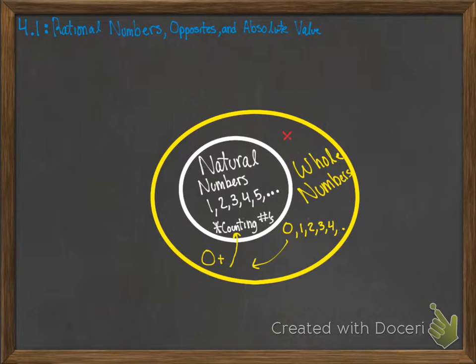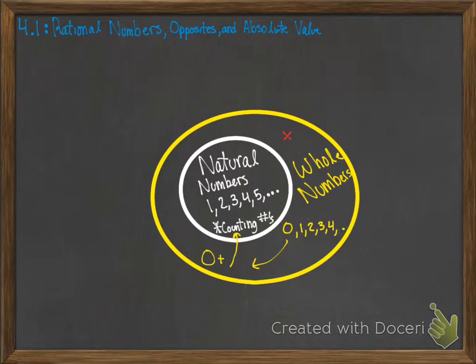That'd be a number that is a whole number. It's in the whole number circle, but it's not in the natural number circle, all right? And we now know that the only difference between whole numbers and natural numbers is 0, so this x would have to be 0, okay? So you can always figure out what type of number a number is based off where it's located in these overlapping kind of Venn diagram type things, okay?